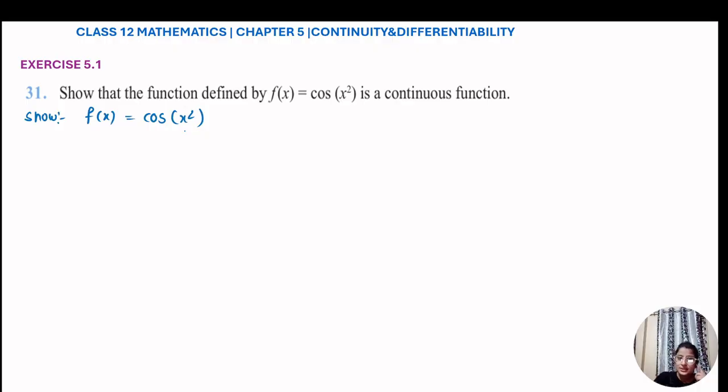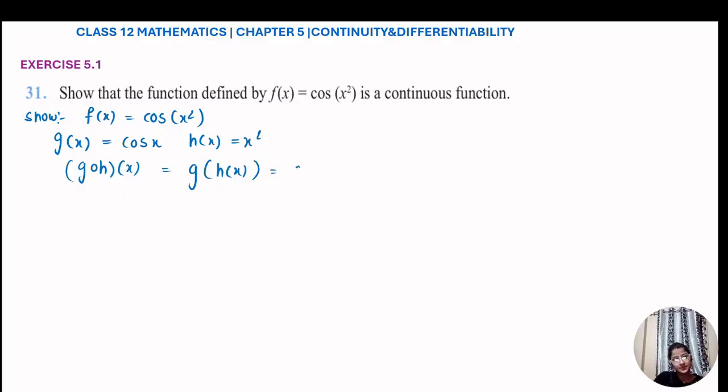This can be written as a composition of functions. Say I take g of x as cos x and h of x as x square, then g composition h of x will be g of h of x, that is g of x square, which is nothing but cos x square. Now as you can see, your f of x can be written as g composition h of x.